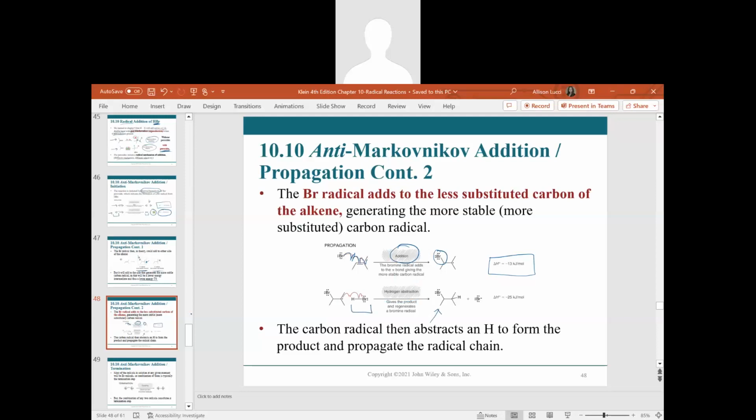So the bromine has added to that secondary site, and then we had our H addition where that tertiary radical site was, and we regenerate more bromine radicals. And again, we have an exothermic step. So during these propagation steps, you can see that they would be favored steps in the forward direction. They are both exothermic.